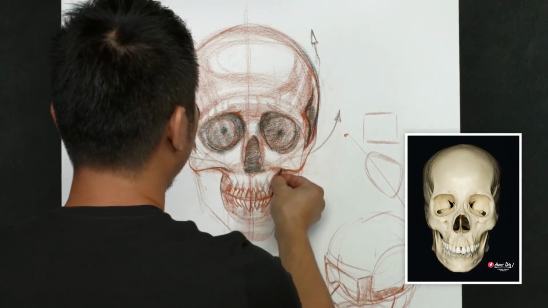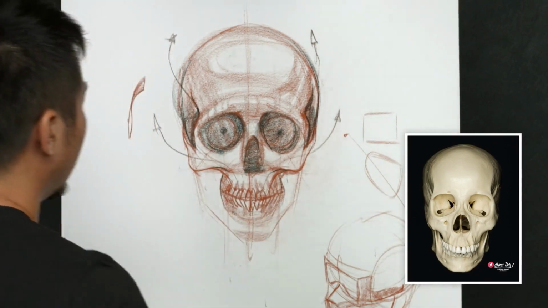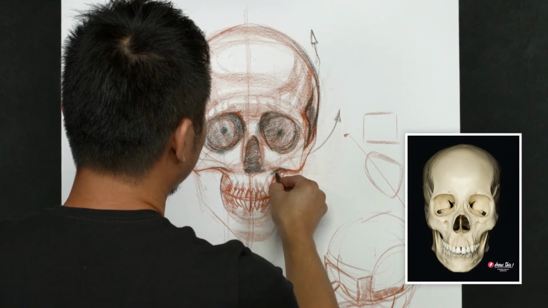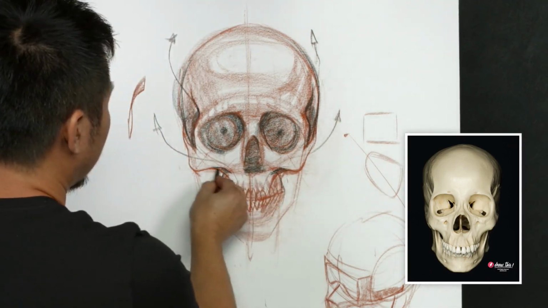And you can see when the cheek fuses into the muzzle, I get a little bit of this triangle shadow underneath it like this.